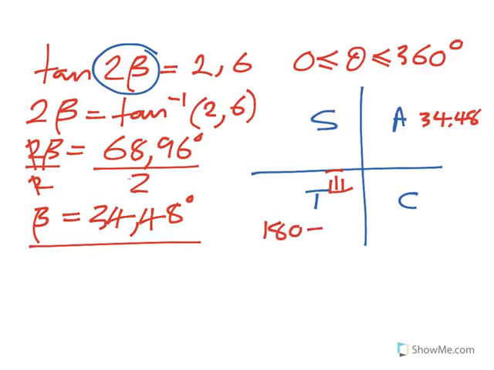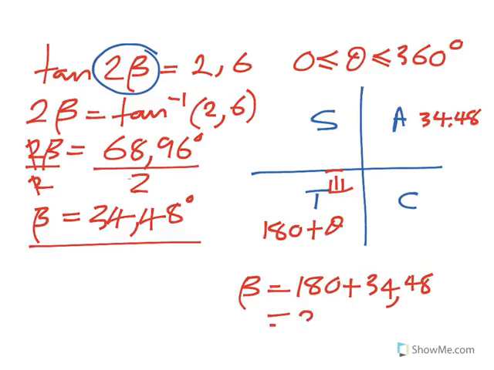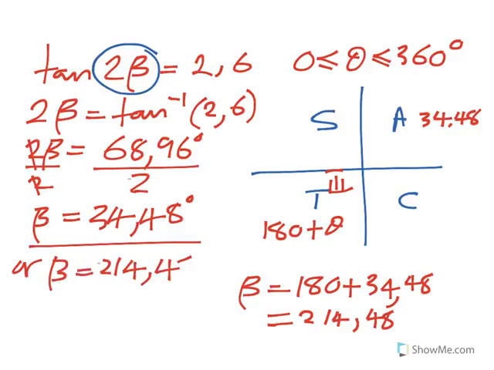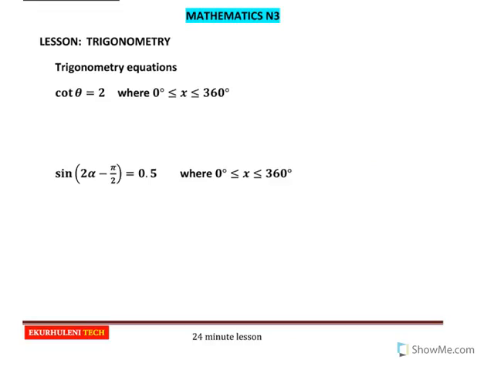It's 180 plus theta. So in this case, another value of beta is equal to 180 plus 34.48, which gives 214.48. So beta is equal to 34.48 or beta is equal to 214.48. These are the two values.